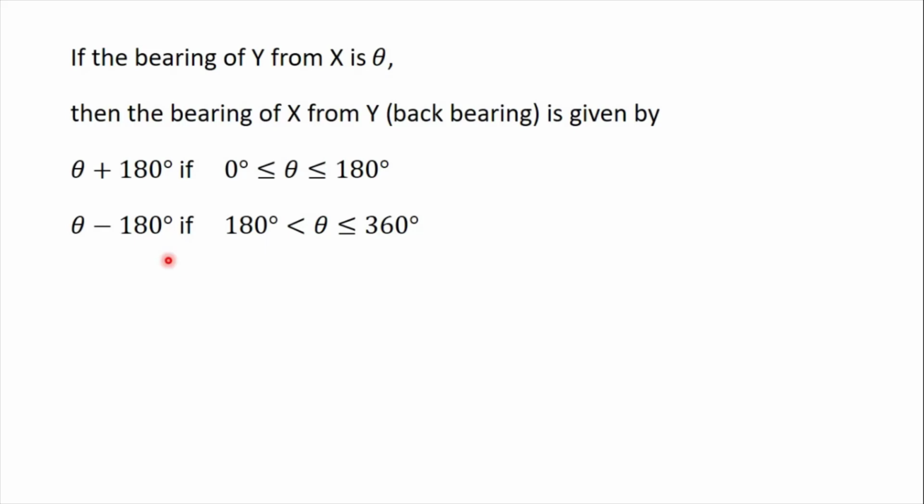So it's pretty simple. If the angle is less than 180 degrees, add 180 degrees to it to get the back bearing. If it is greater than 180 degrees, subtract 180 degrees from it. So let's pick some questions and see how this is done.